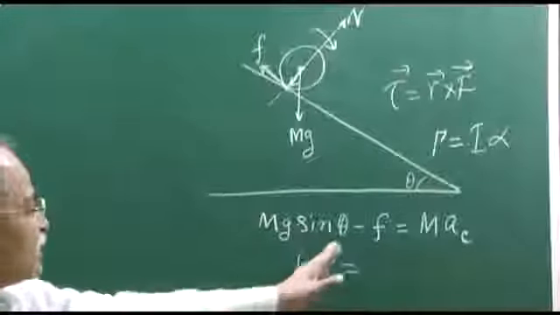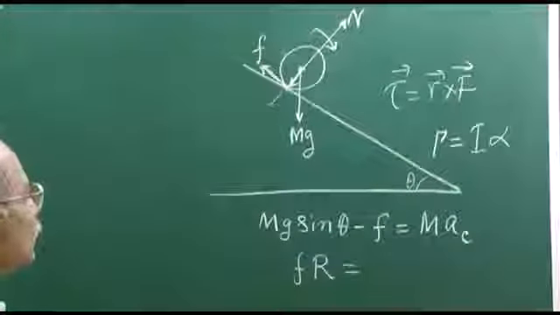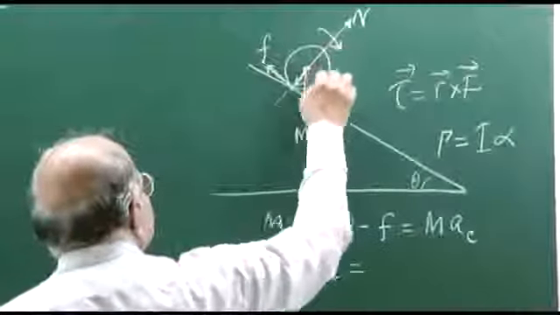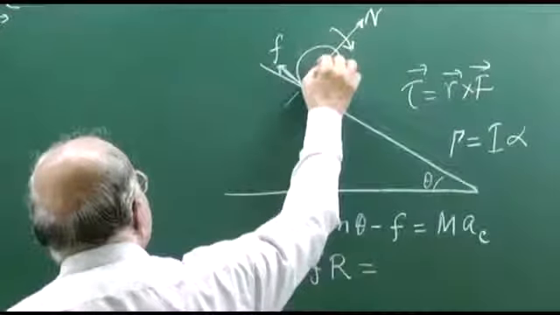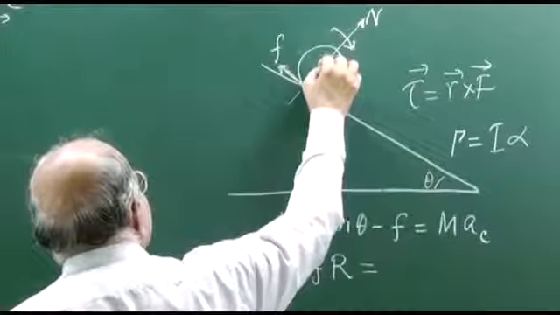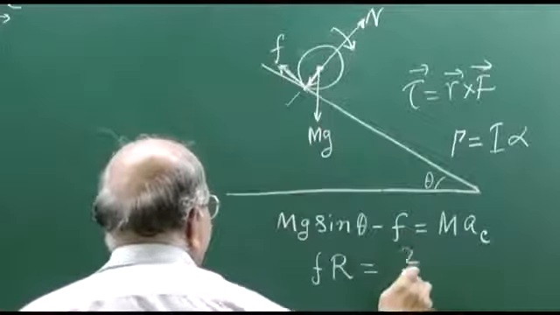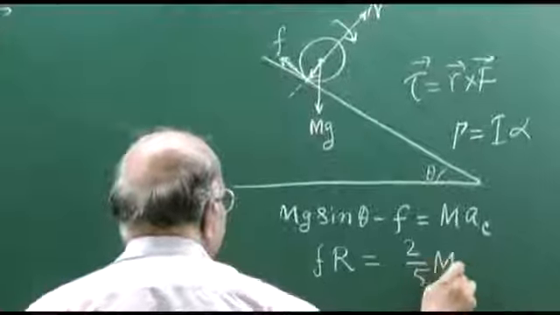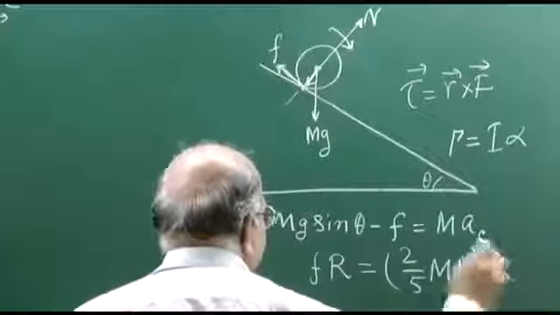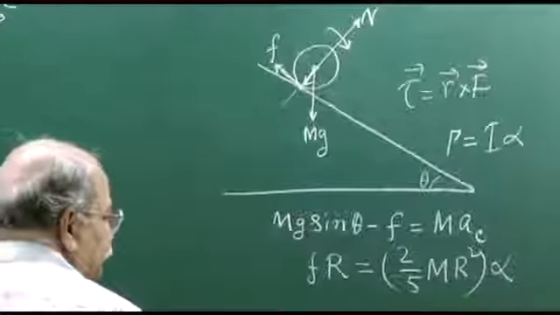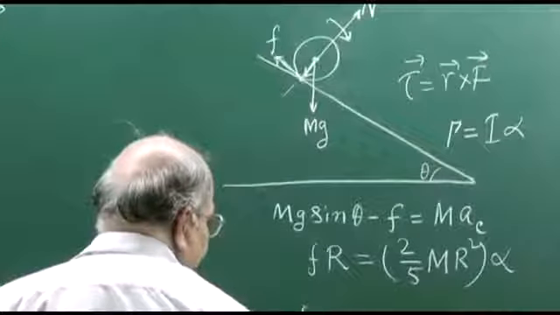The moment of inertia of this spherical ball about this diameter is 2 by 5 m r square, times the angular acceleration.